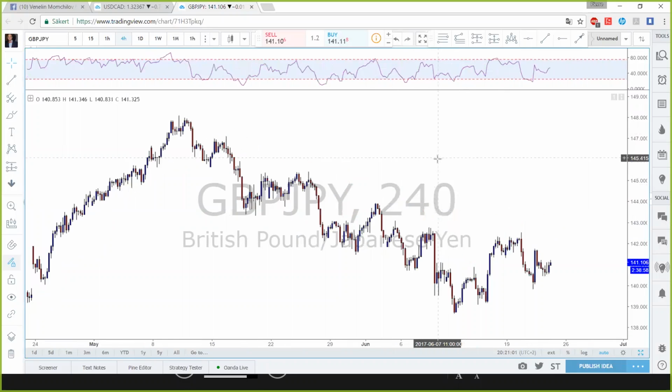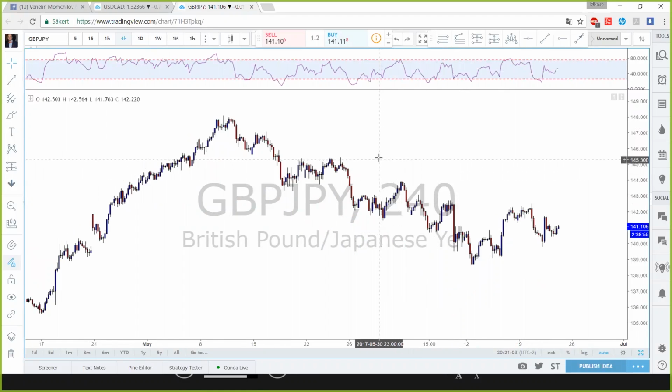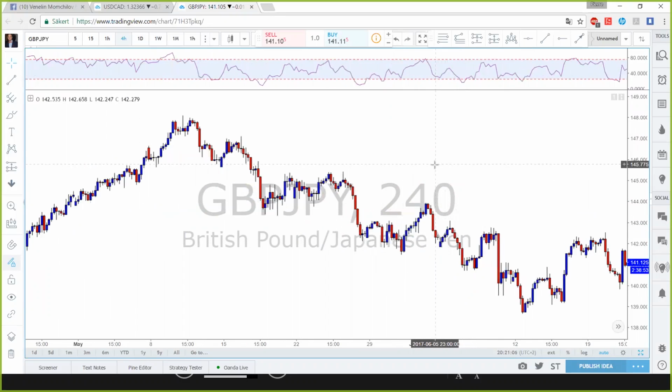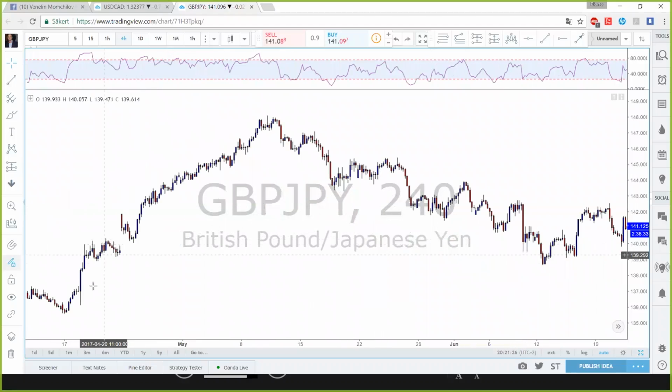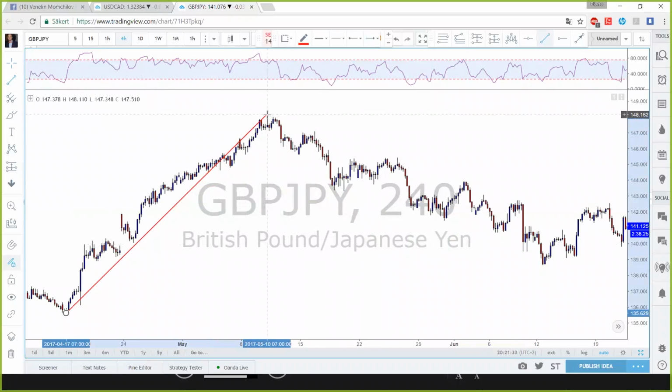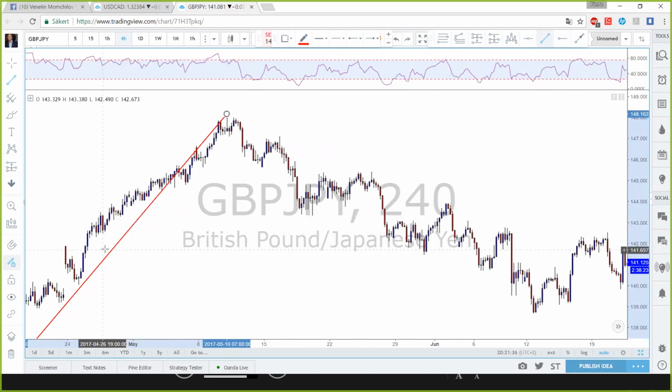Well, we have a fresh, good example here on Sterling JPY. We're going to keep working with this chart even in the trend lines and the Fibonacci session too. But looking at this market, we have this initial move where the market was trending higher without so many pullbacks, as you see here.